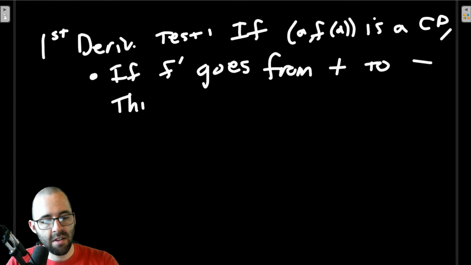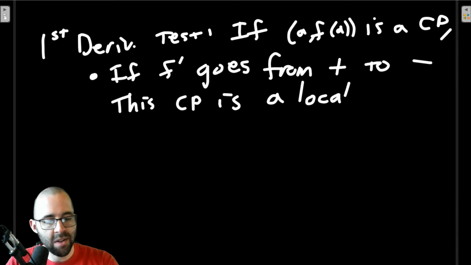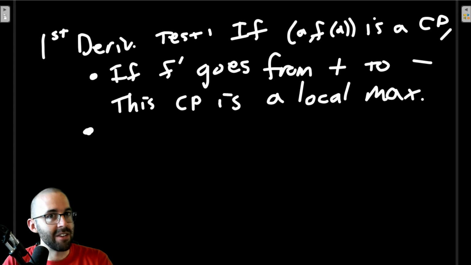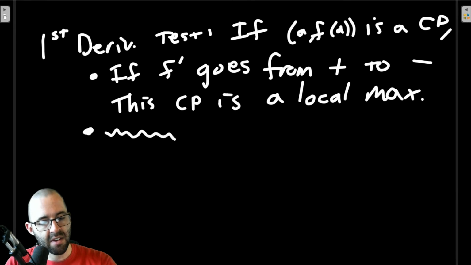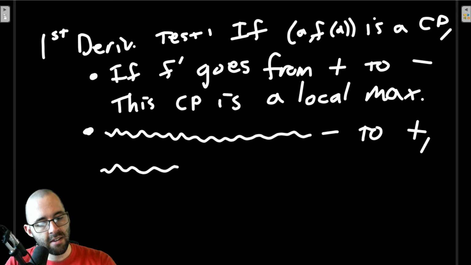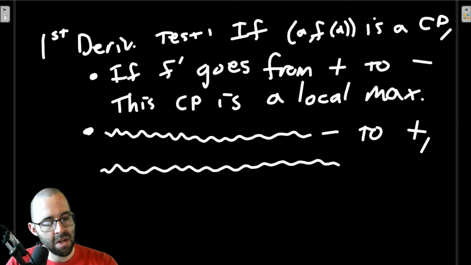And this critical point is a local maximum or relative maximum. The second part of the first derivative test is very similar. And so what I'm going to do right here is just use some squiggles. If f prime goes from negative to positive, then this critical point is a local minimum.